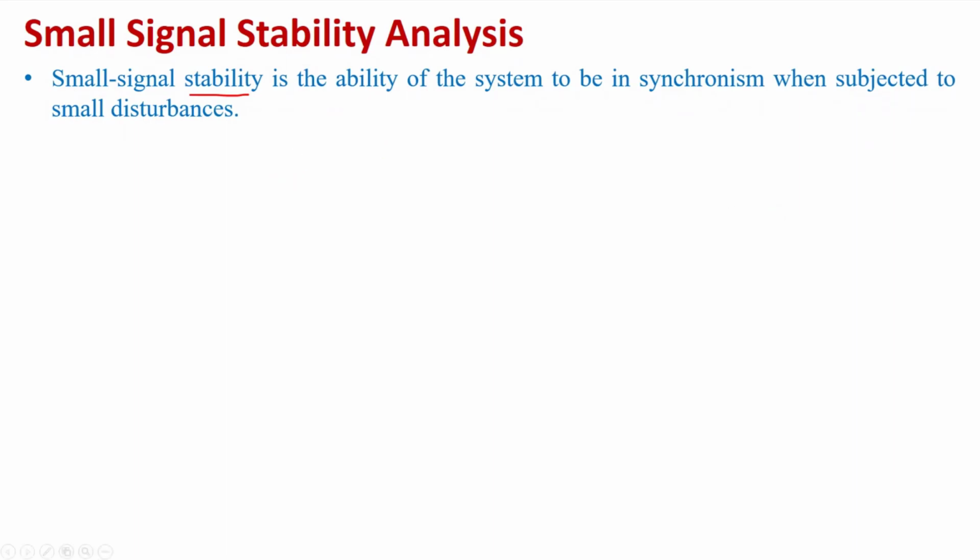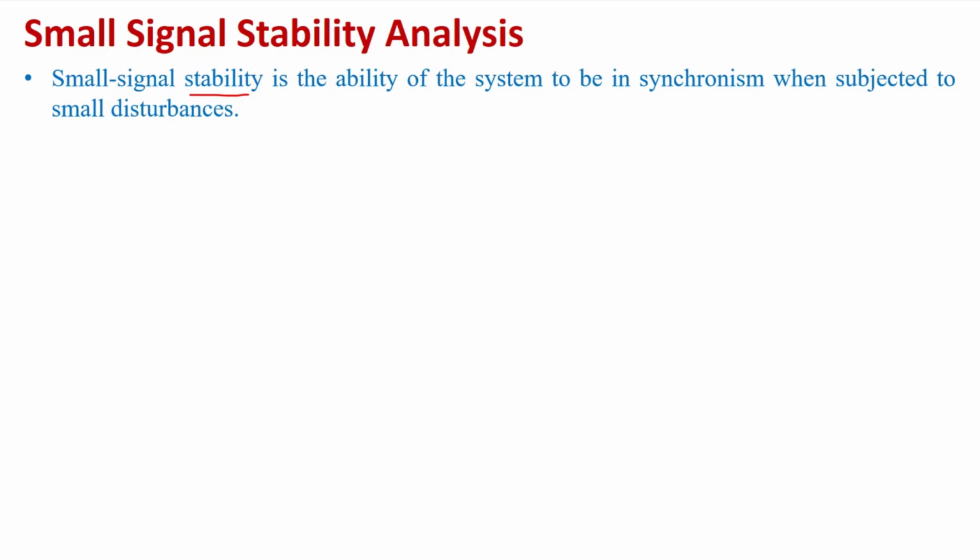A large disturbance means, for example, a large chunk of load being disconnected from the system. Suppose one of the regional tie lines is suddenly disconnected because of some fault. That will hamper the whole system, so it is a large disturbance.